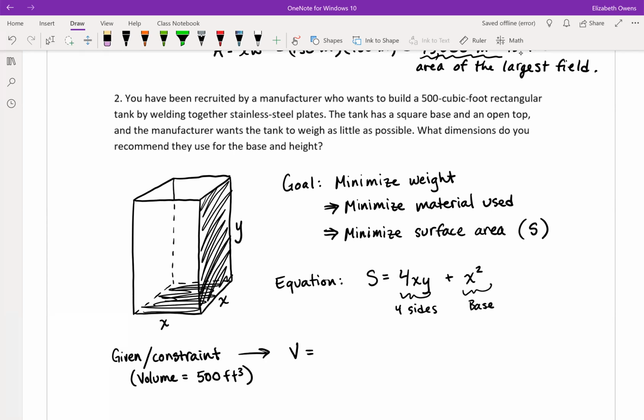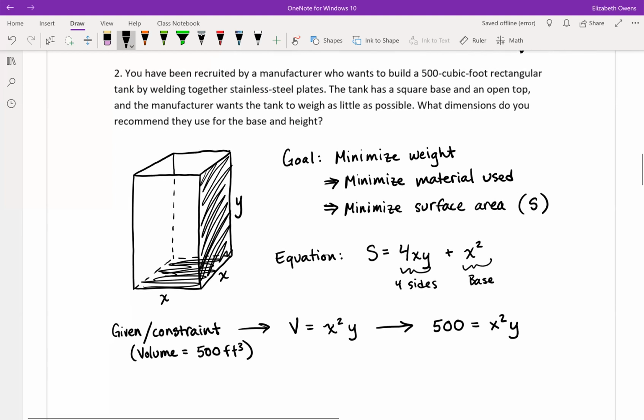So V would equal x squared times y. And since we know that volume is 500 cubic feet, that tells us that 500 equals x squared y. Now we want to solve for one variable or the other here, so we can plug it back into our S equation.